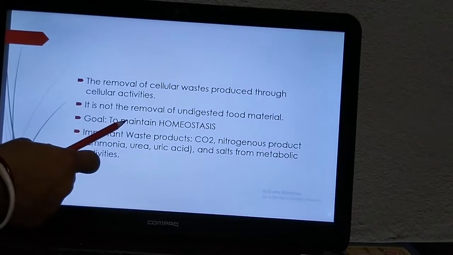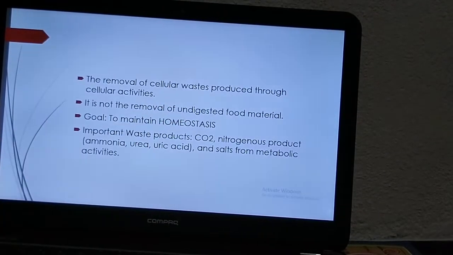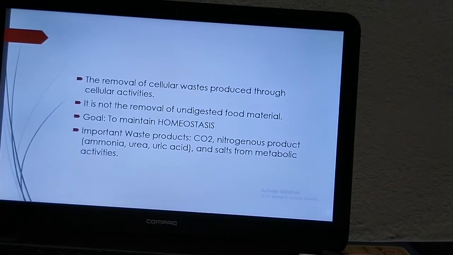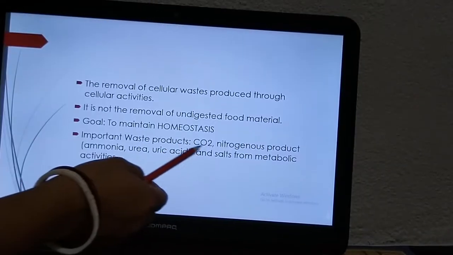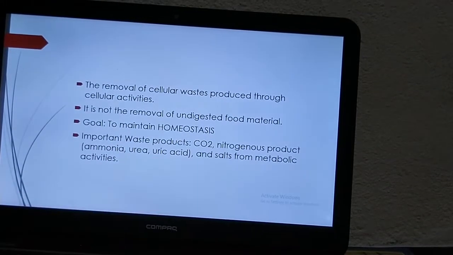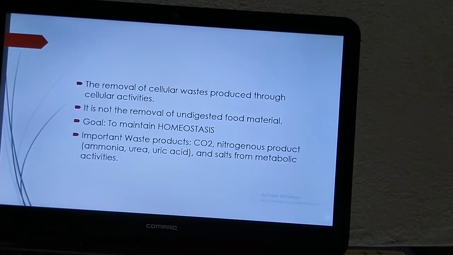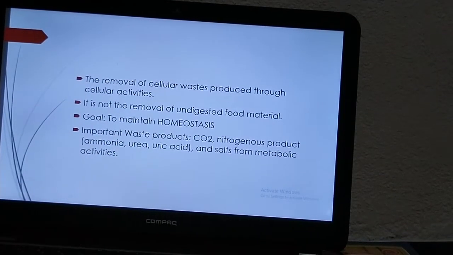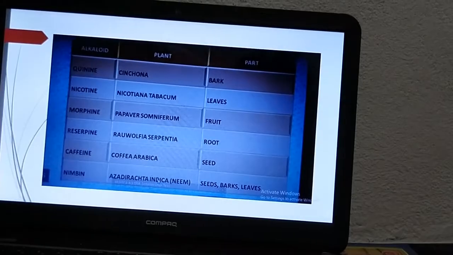What's the goal? To maintain body homeostasis or body equilibrium. Important waste products here: CO2, nitrogen products, ammonia, urea, uric acid, or salt from the metabolic activities. Here we are bothered especially about the urea, as we are talking about the human excretory system.